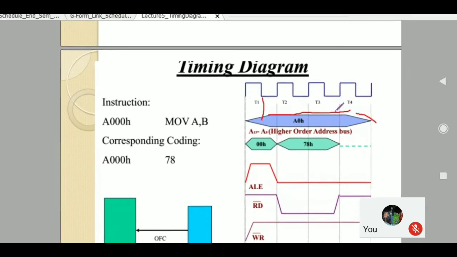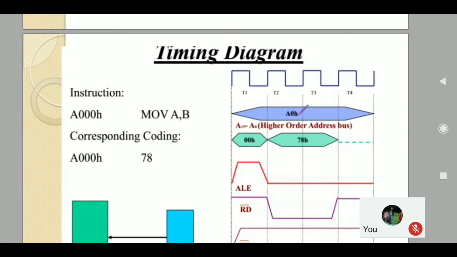In this way, I will put my higher order address on this bus. And we have the low order address bus. The lower order address, this 00, would be put in this lower order address bus.